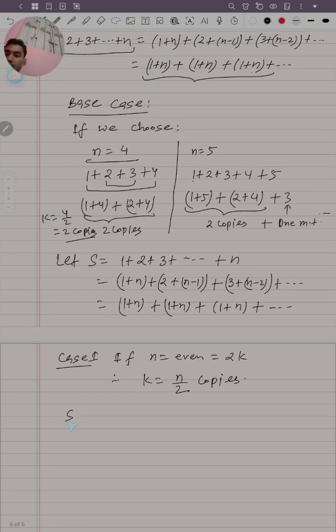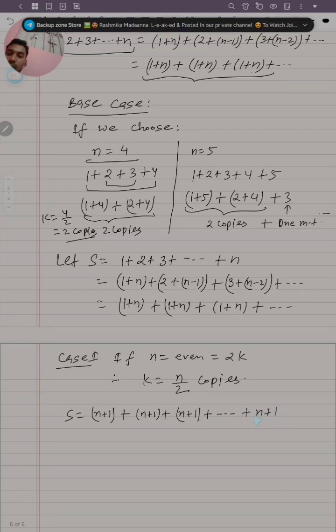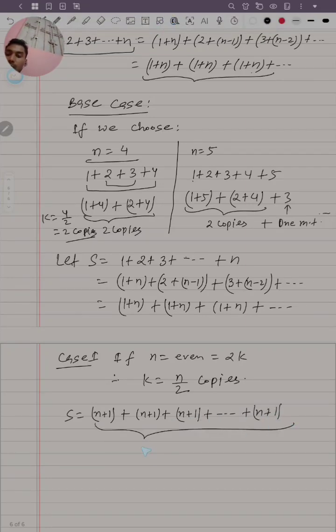So S is n plus 1 plus n plus 1 plus n plus 1 plus dot dot dot plus n plus 1. How many copies do we have? n by 2 copies.